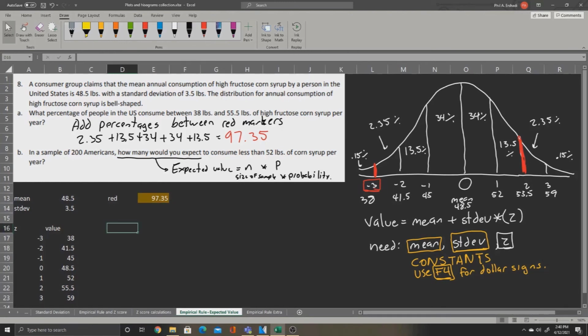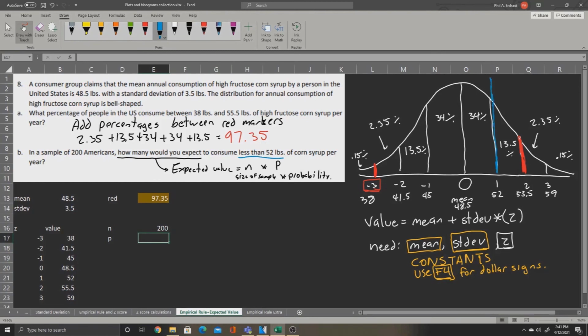Let's enter slots for these in our table. We'll enter n for the size of the sample and p for the probability. The size of the sample was given to us as 200. The probability we'll have to use the empirical rule for. I'll place a marker for 52 pounds because the question says less than 52.